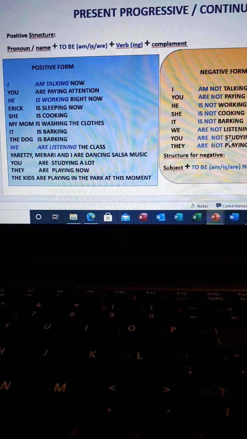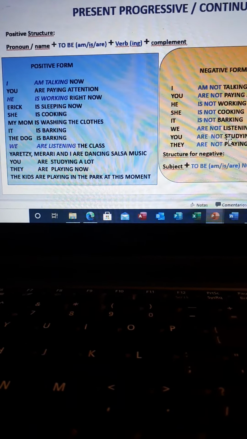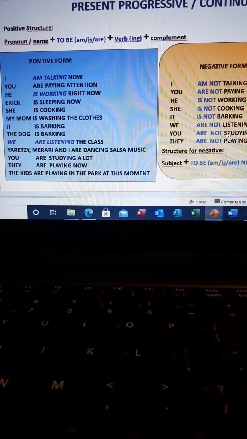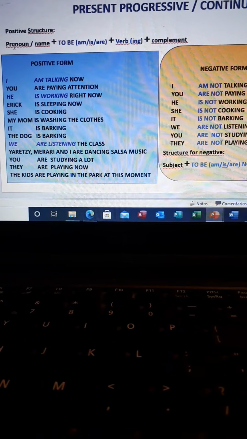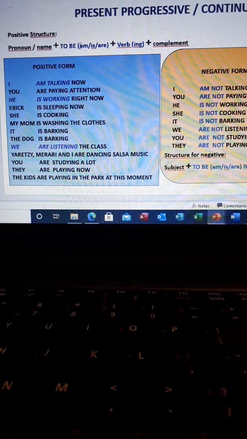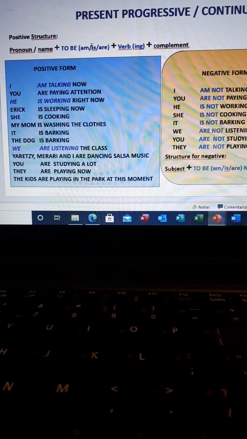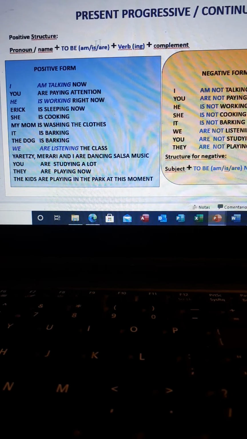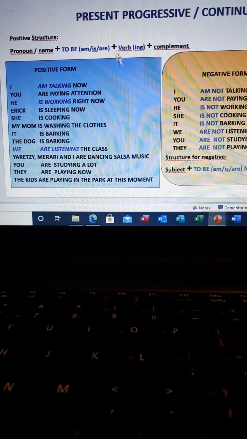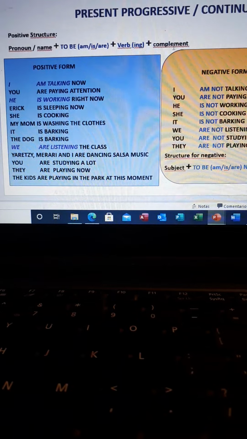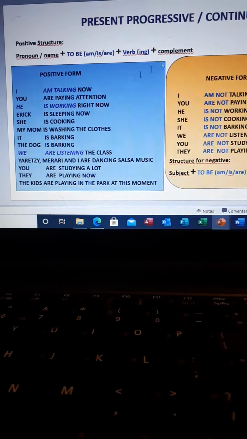Second step, we need am, is, or are, depending on this name or on the pronoun. So I am, he is, or we are. As third step, we need the action with ing. And finally, the complement.